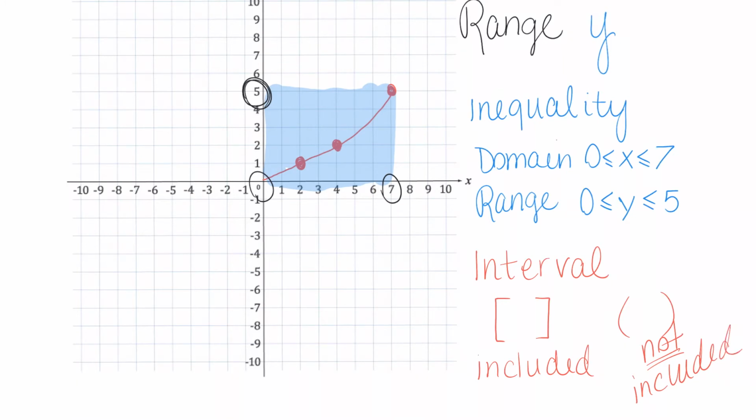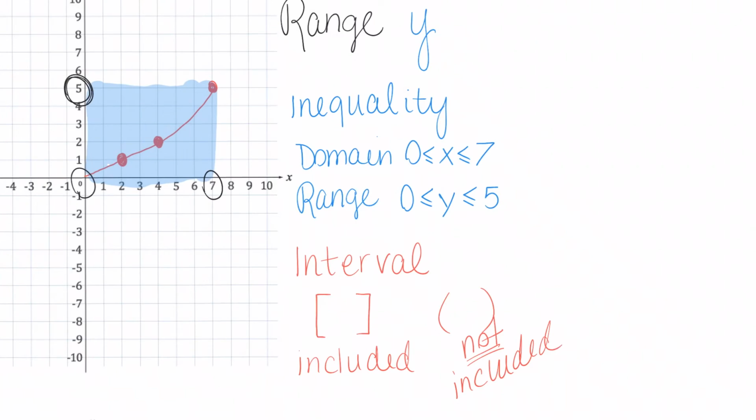So it's been excluded. So for example, with this, our domain and range in this case would be a little bit different. Our domain in interval notation, since 0 and 7 were included because they were part of it, we would use our square brackets and we would just write [0, 7].